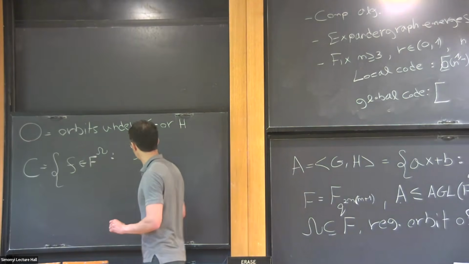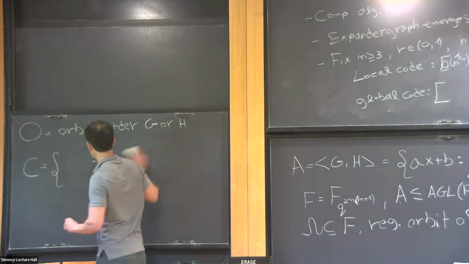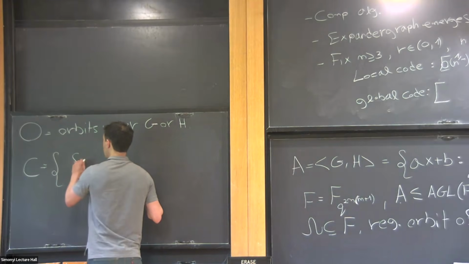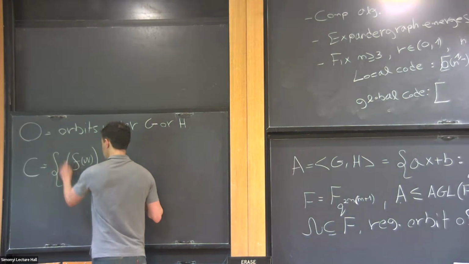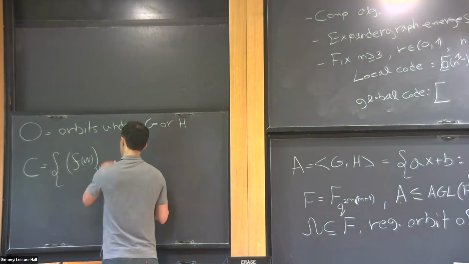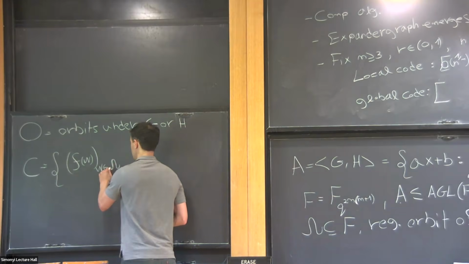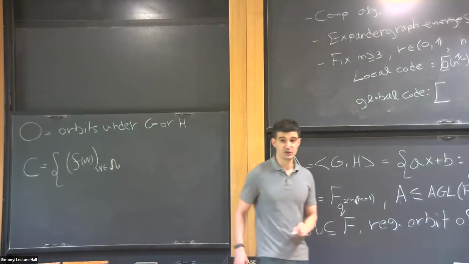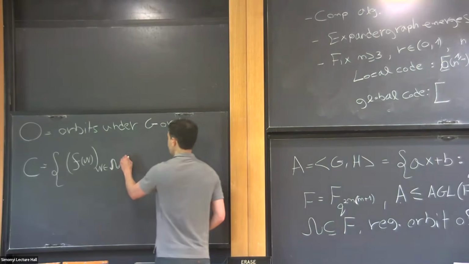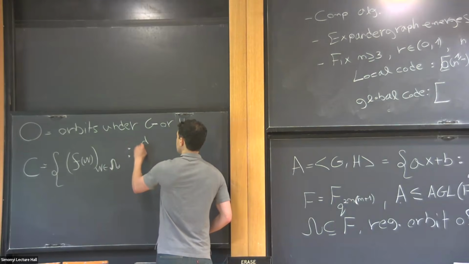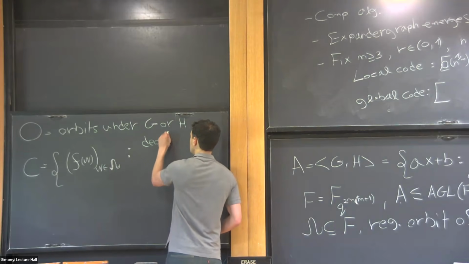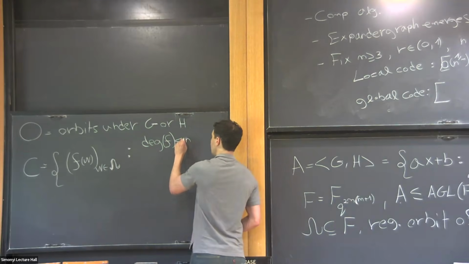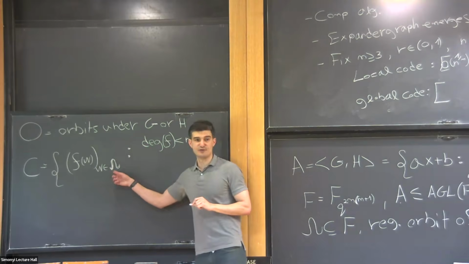Maybe I want to write it differently, more explicitly. So these are polynomial evaluations, such that the degree of f is small, less than n, where n is the size of omega.